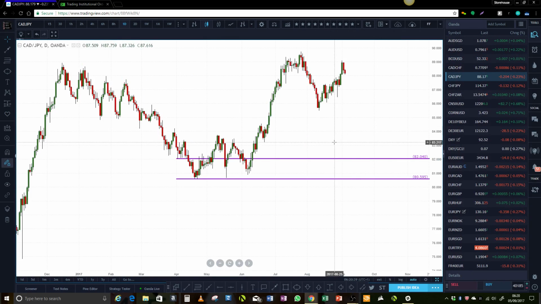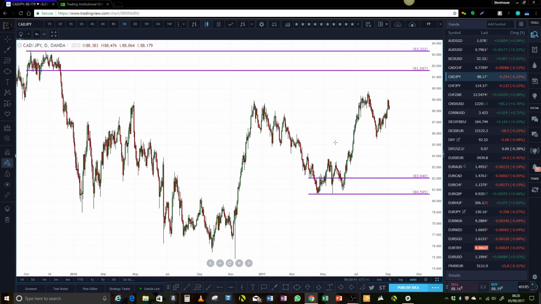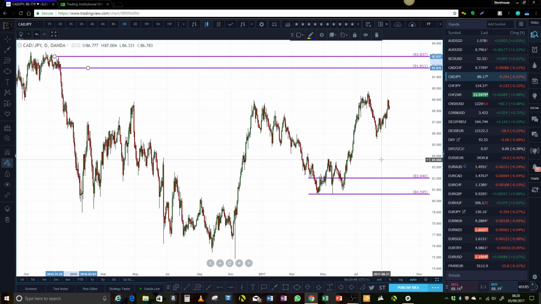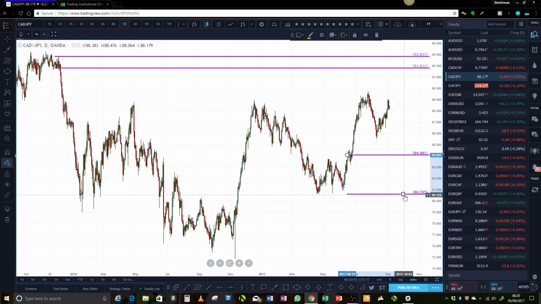And then the CAD yen, let's see what's above us. Okay, so the CAD yen, we have that area right there. In terms of demand, the nearest demand is this level here for short-term income trading. Right now, there's nothing where we are. There's no business to be done there.